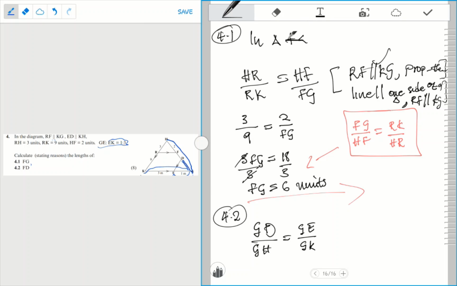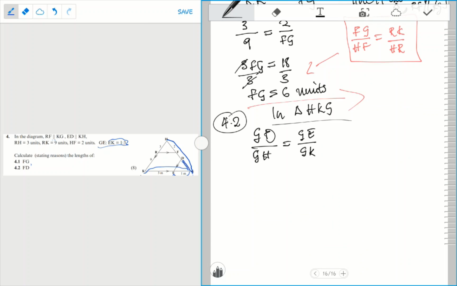Triangle HKG. But as I wrote it here, it was fine because I also had to write it here. Now, as you can see, this is our GE over GK.